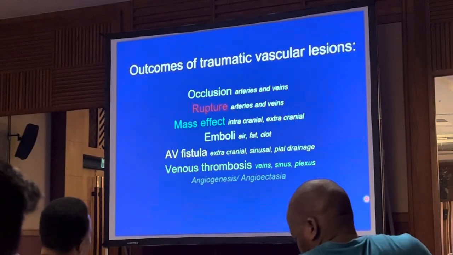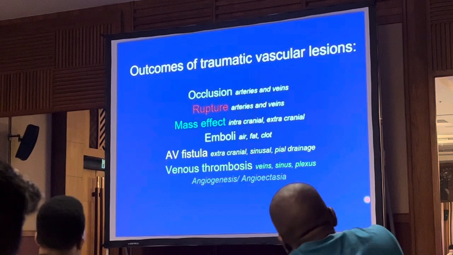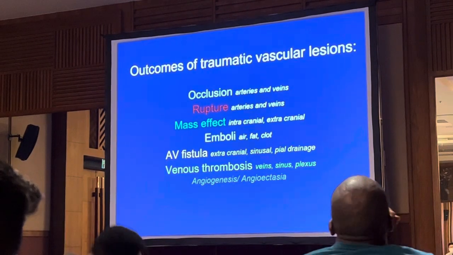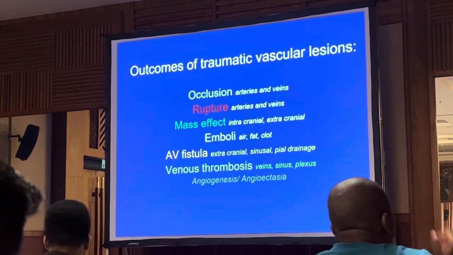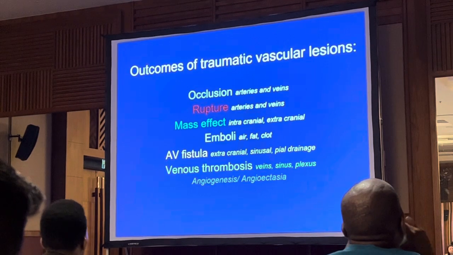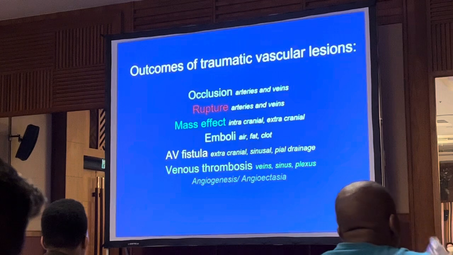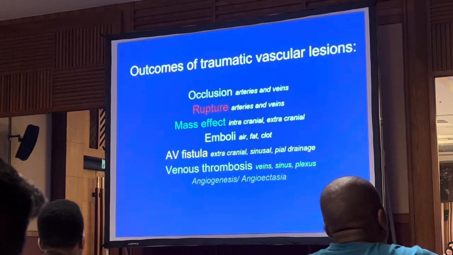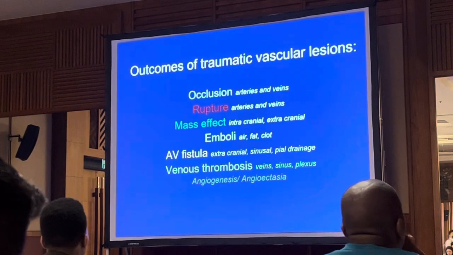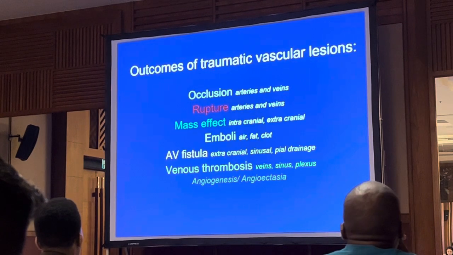It can create mass effect, especially as chronicity comes. It can, of course, cause emboli, or an arteriovenous fistula, either extracranial or with higher drainage, depending. On the venous side, you can have venous thrombosis.